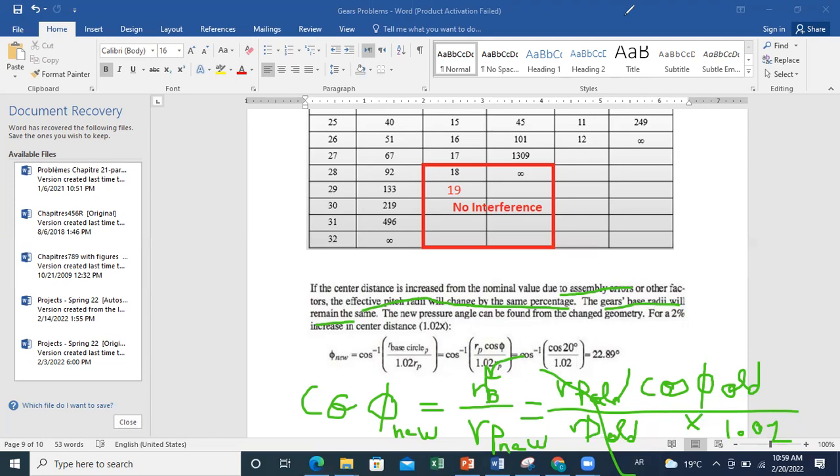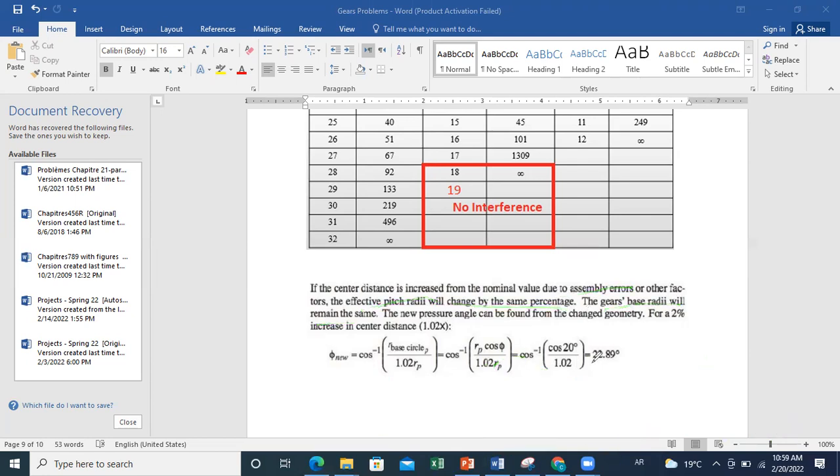So a 2% change in center distance will lead to a certain variation of the pressure angle. We can see that an increase of 2% in this distance will lead to an increase of 2.89 degrees compared to 20 degrees. If you want to calculate the percentage of increase of phi, it is equal to delta phi over phi old, which is equal to 2.89 over 20.